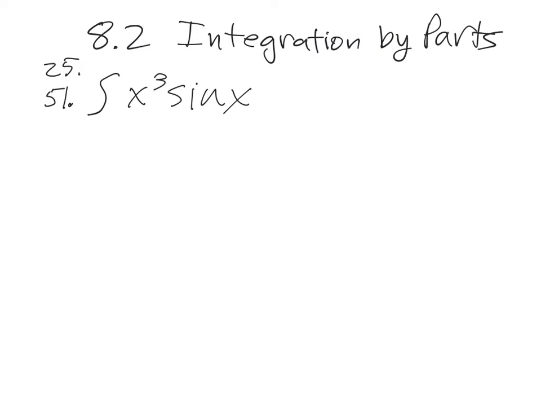Now on 25, you just were to do it the regular way, and it repeated, and you did the next part, integration by parts and so forth. But same problem on 51, they say use the tabular method. And it's going to be the same process, but it organizes your repeated integration by parts, makes it a little bit easier, or, well, a little bit quicker.